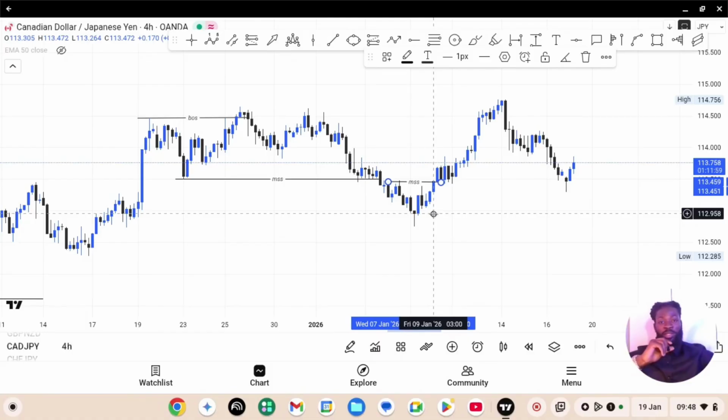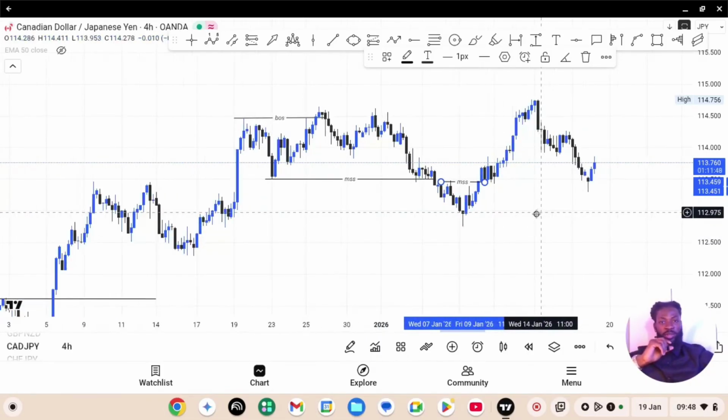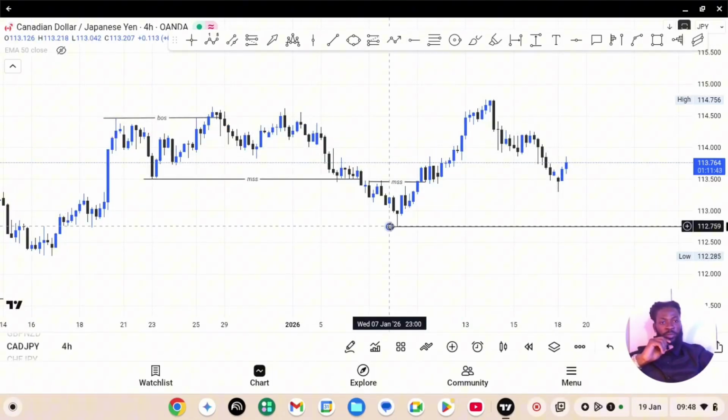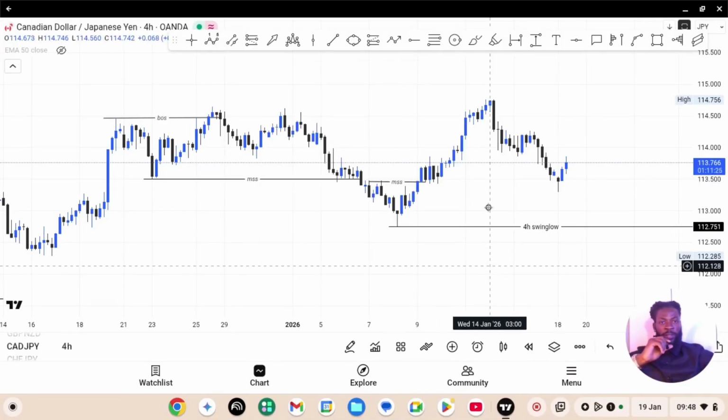That the 4 hours has aligned with the weekly and the daily, which is also a clear uptrend. All right. So this is the 4 hour swing low. This is the 4H swing low. All right. Now we have a break of structure here.